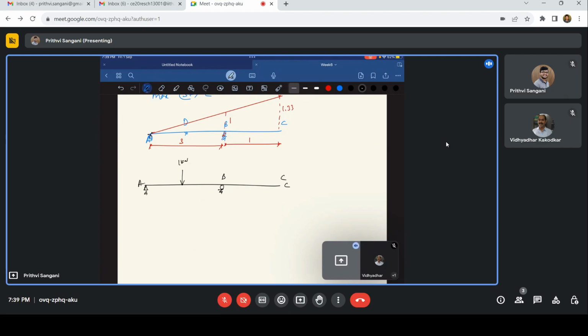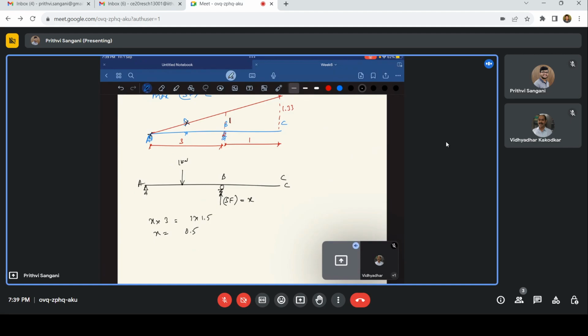Let me solve for that. Calling the shear force X, X times 3 should be equal to 1 times 1.5. X is nothing but 0.5.